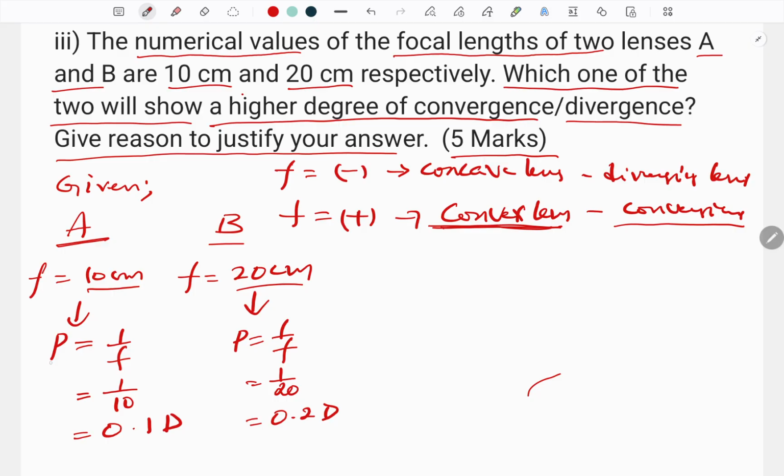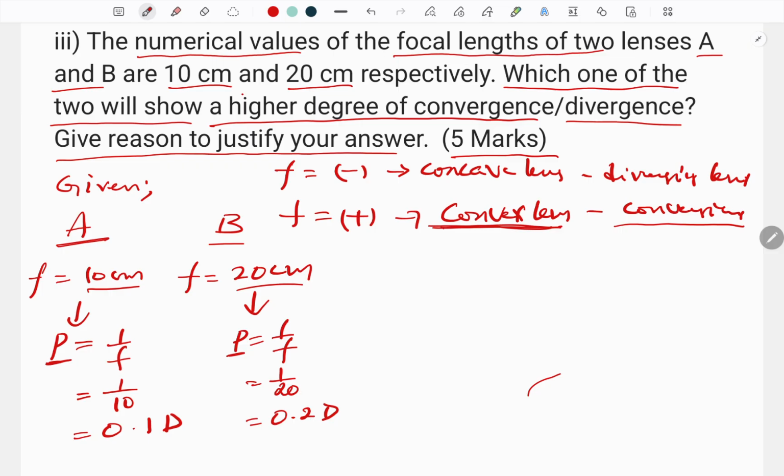Now, higher degree of convergence means it's about power. Whose power is more? Whose focal length will be less? The power is inversely proportional to focal length. The focal length of A is less, with 0.1 D here. For the second lens the focal length is 20 and the power is 0.2 here.